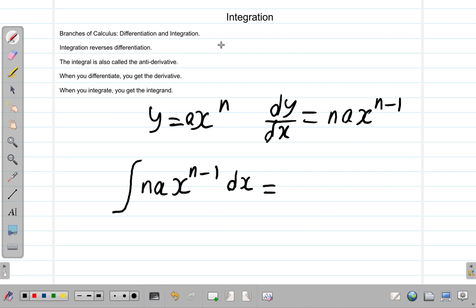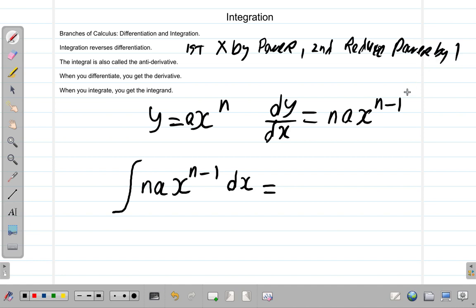So, when you differentiated, you multiplied by the power. Right? That's the first thing you did. Then second, what you did was reduce the power by 1. Now, you're going to go in the opposite direction.